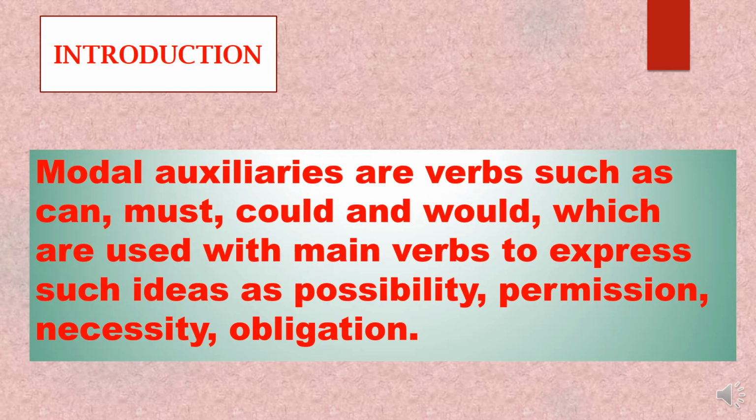So in this chapter we will see where to use will, where to use shall, where we can use can, where we must use must, where we could use could, and where we would use would. All these concepts will be cleared in this video, and this will later help you in doing the exercises of gap filling and editing. So let's begin with shall and will.